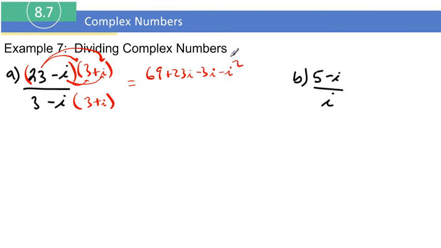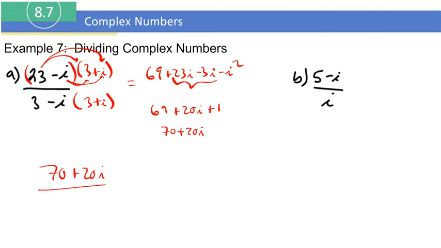So I know that I can combine these guys. So I get 69 plus 20i, and then look right here, minus i squared. Well, i squared is negative 1, so negative 1 times a negative is a plus 1. So really this is 70 plus 20i. So this whole entire numerator became 70 plus 20i.